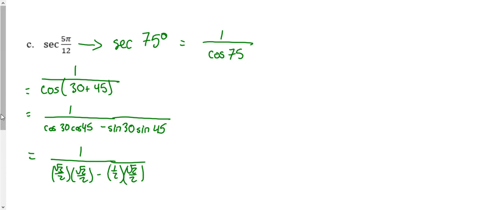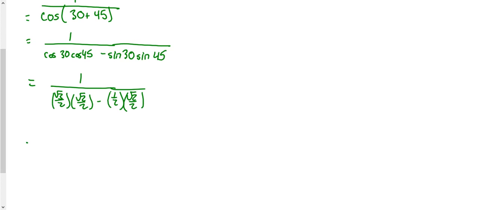Here we're going to try our best to clean this up in our denominator. And this is now root 6 over 4 minus root 2 over 4. Okay. And then from here, you can do a quick combining.